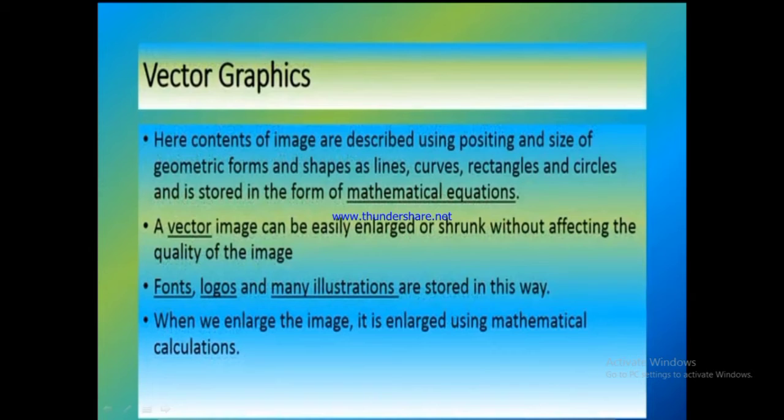Next one is .psd. The file with the extension .psd. Type of file is Photoshop document. Description is an image file created by Adobe Photoshop. Adobe Photoshop is one type of application.